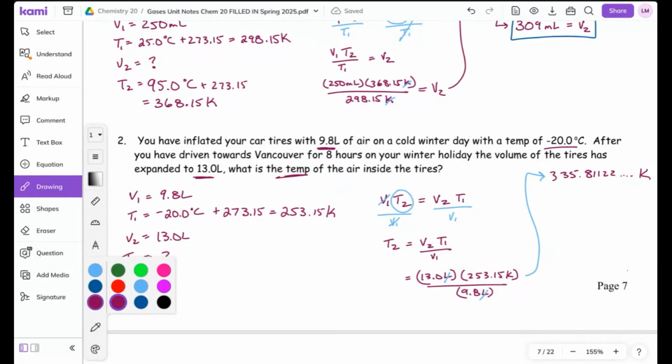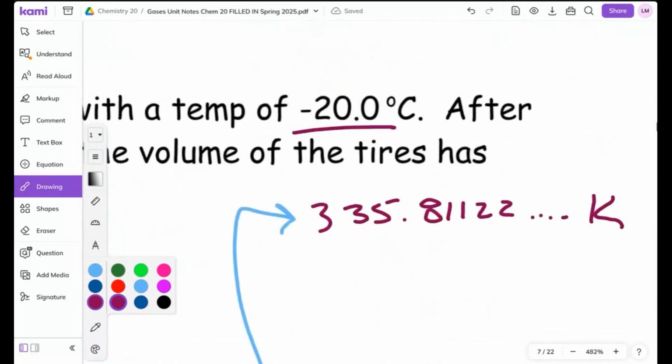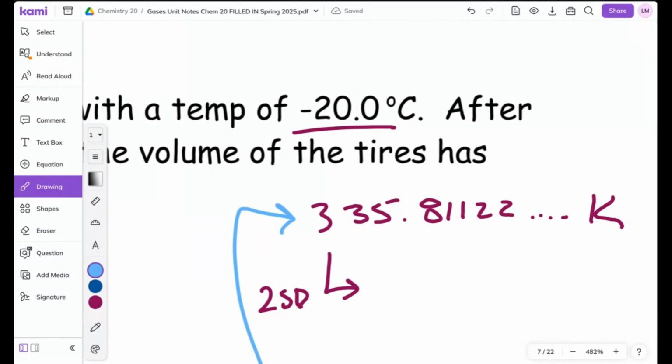So that's why our final answer isn't going to be in 1 sig dig. We need to look at the numbers that we actually used and use the number that has the least amount of sig digs, which will be this one, because it has 2 sig digs. Everything else has 3 sig digs. So for 2 sig digs, if I count from the left, 1, 2, that's my cutoff line.